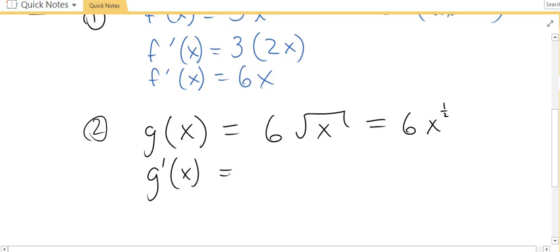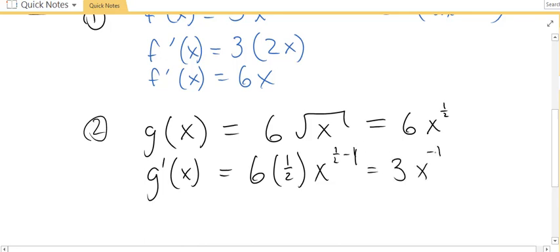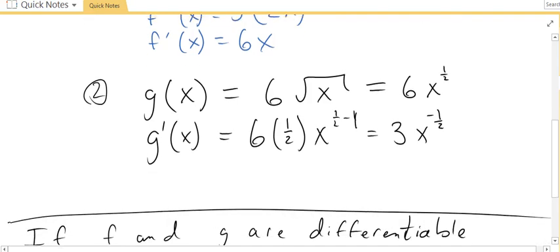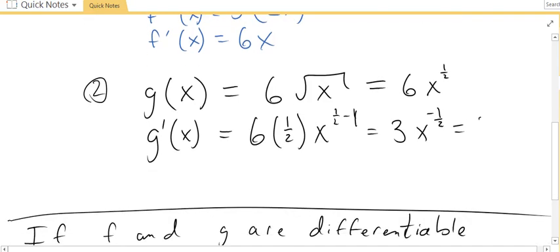When we have a constant out front, we can think of it as taking the exponent times the thing out front. So I'd have 6 times 1/2, and then x to the 1/2 minus 1. This becomes 3 times x to the negative 1/2, which is 3 over the square root of x.